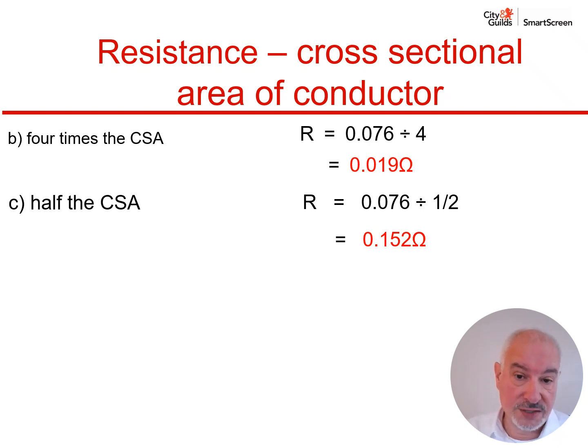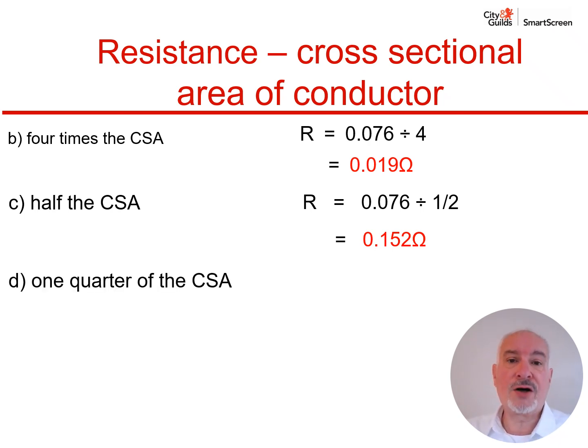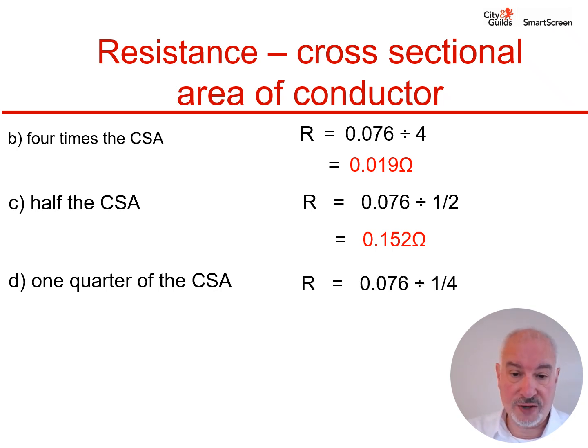So half the CSA, twice the resistance. And then part D was what is 1/4 of the cross-sectional area. If we've got 1/4 of the cross-sectional area, the resistance would be 0.076 divided by 1/4. And that gives us 0.304 ohms.